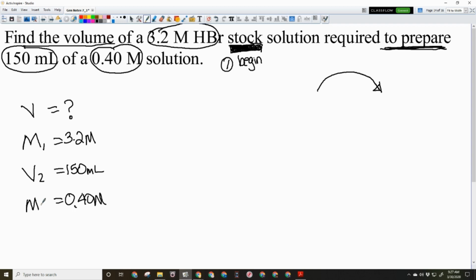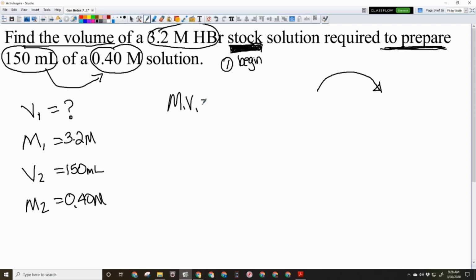Okay, so that's molarity. And if this is of this, then this is the concentration of the M2. So if we look at this, we see that we're going to be solving for V1 because that's what's missing. We have a V1 and a V2, M1 and M2. All right, so there we go. We know we're solving for V1.